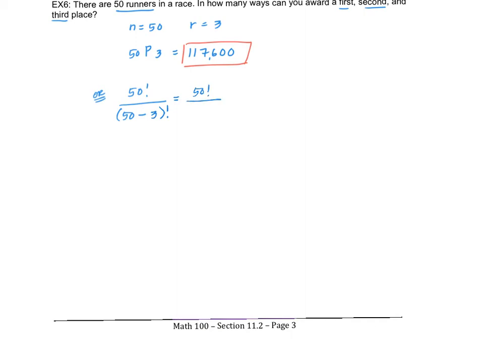So 50 minus 3 is 47. And then that would be 50 times 49 times 48 times, and then the 47 factorials will cancel. And you'll end up with the same answer, 117600.